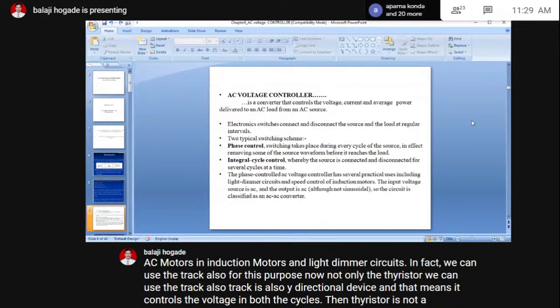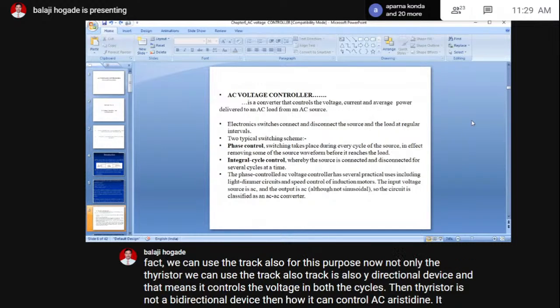Thyristor is unidirectional. It conducts in only one direction. We have seen its application in rectifiers. It converts AC into DC.